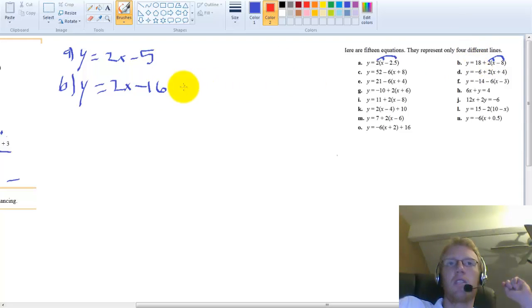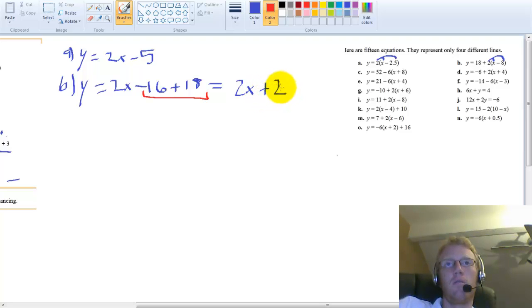And now I can do this plus 18. How do I know it's positive 18 and not negative 18? If a number doesn't have any sign written, it's automatically positive. Okay, and now I can combine like terms. 2x, negative 16 plus 18 is plus 2. Okay, this one here is not equivalent to A, so these must be from 2 different lines.